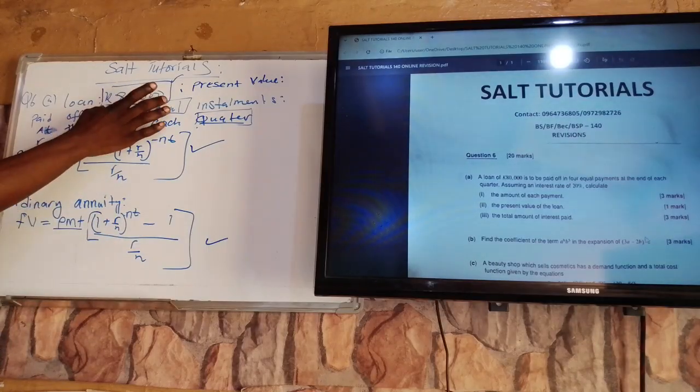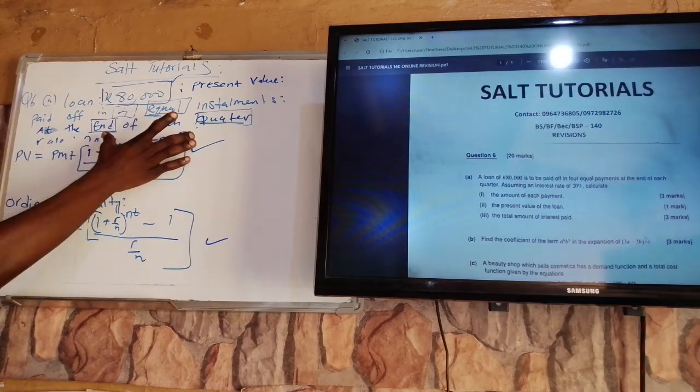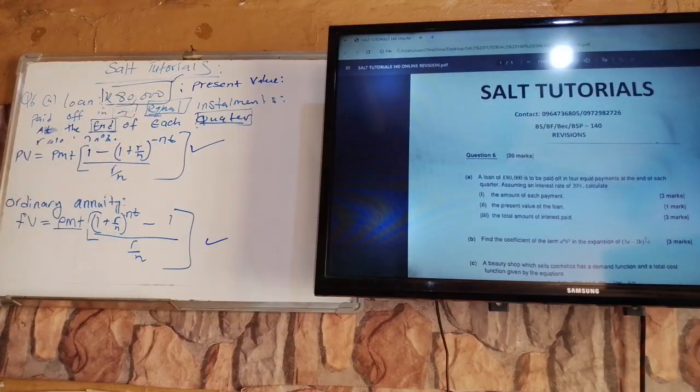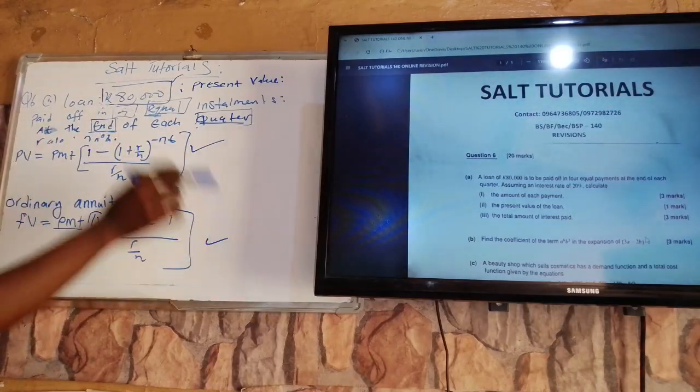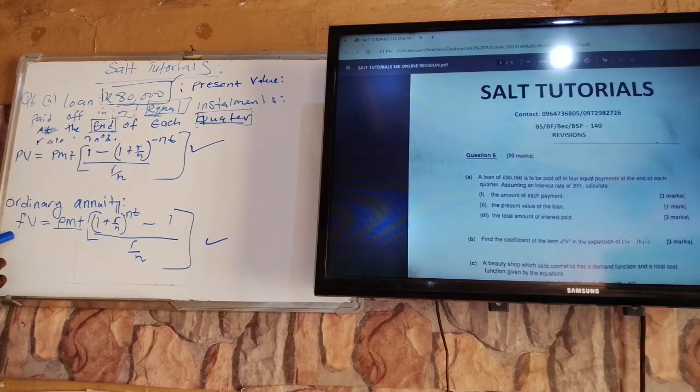But it does not say that 80,000 is due in 1 year. It just says this is a loan, meaning we are assuming that this loan is being received right now, at the present. If the statement was 80,000 due in 1 year, then 80,000 would have been the future value in 1 year to come. So that's the concept you have to understand.